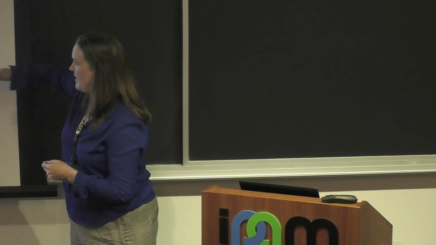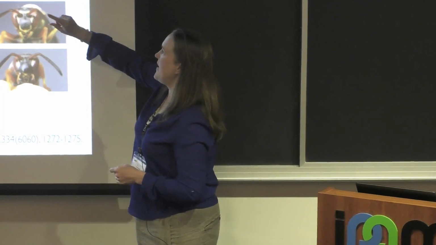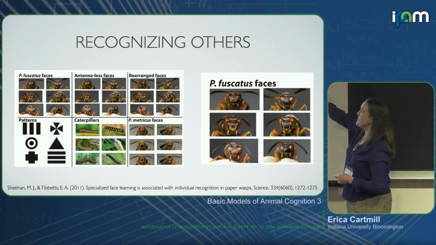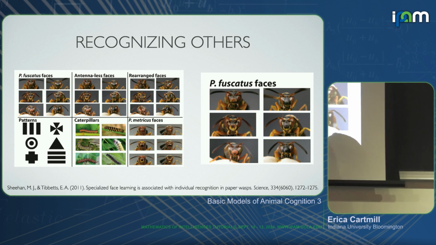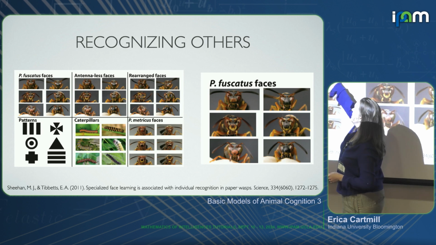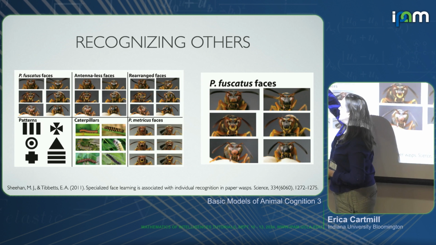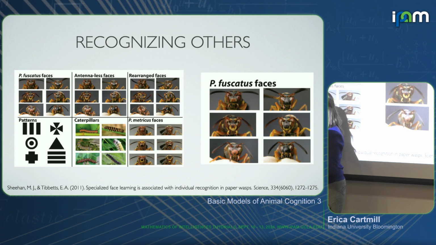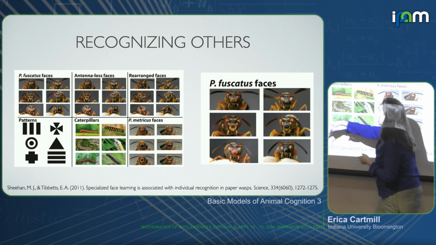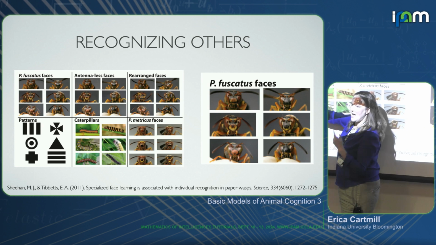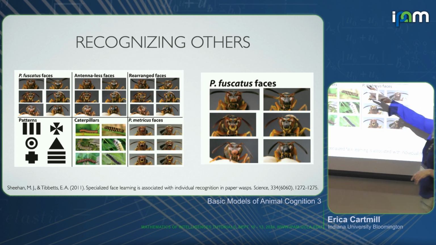And there's a really nice study in these paper wasps that shows that they are better at discriminating faces of individuals of their own species than of a closely related species, or faces of their own species where those faces have been rearranged or had the antennas removed, or even things that visually they should be able to distinguish. These are much more different visually, but they're worse at distinguishing between abstract patterns than they are faces of conspecific individuals.